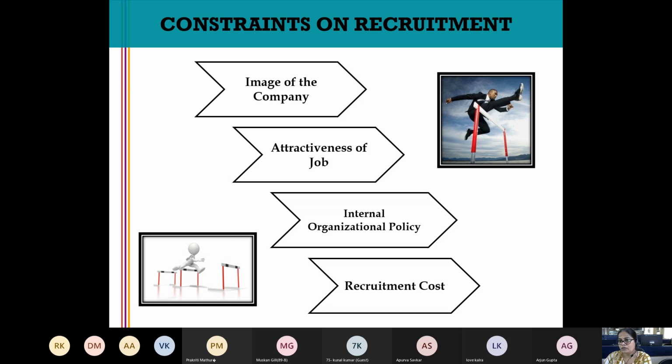Internal organizational policy in terms of ethics, philosophy, culture, promotion policies, fair remuneration, etc. These are all constraints in recruitment. And then the recruitment cost incurred and the budget allocated are also constraints of recruitment. If these are all handled successfully, recruitment automatically becomes effective.